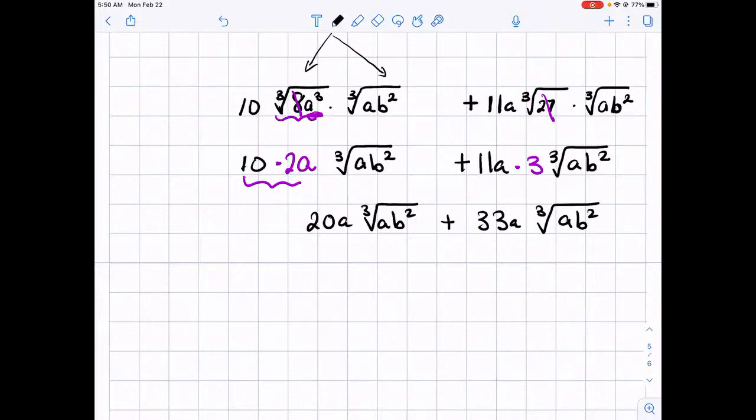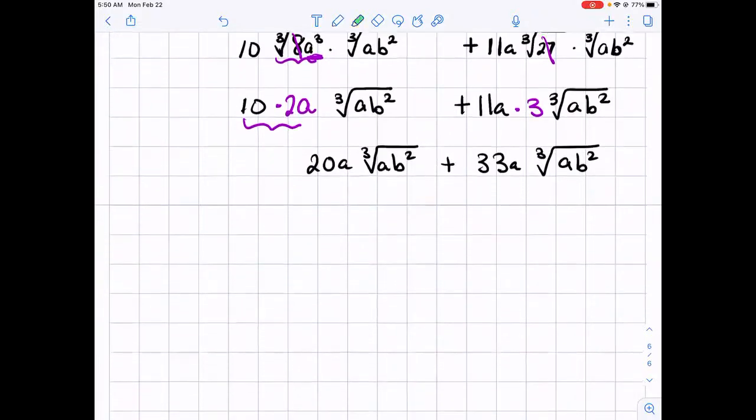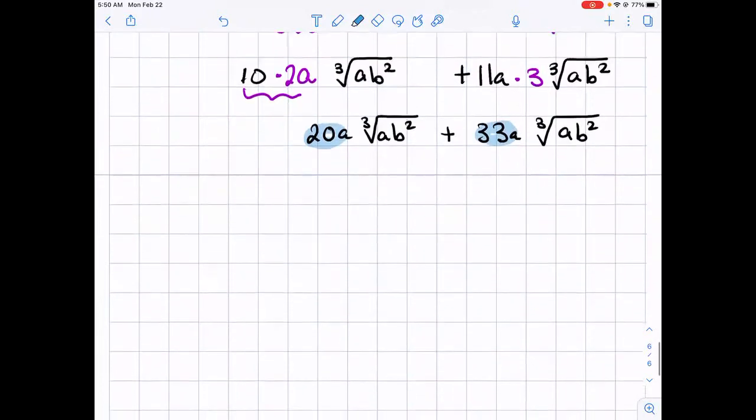So we can now combine the coefficients. So 33a plus 20a becomes 53a, and we have the cube root of a to the 1, b to the second, right?